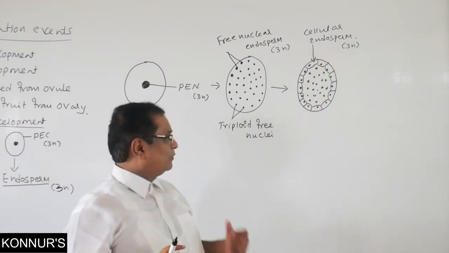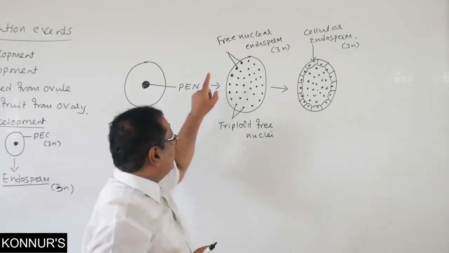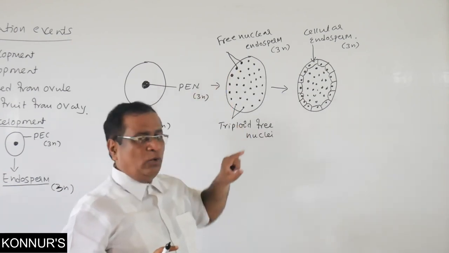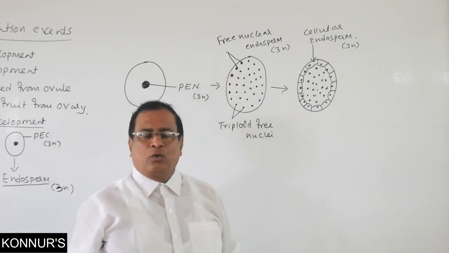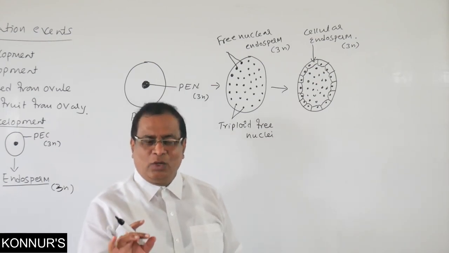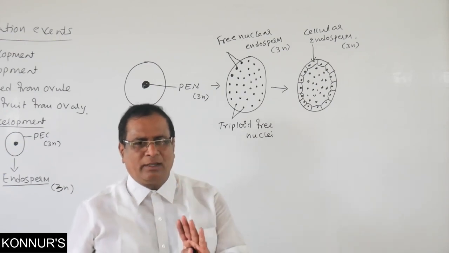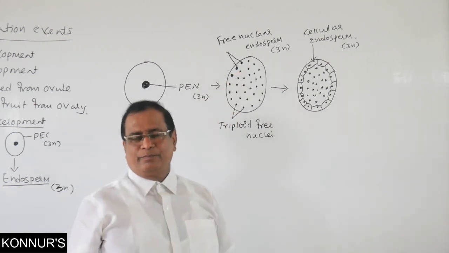And you might have noticed in coconut, both free nuclear endosperm and cellular endosperm. In coconut, we can see coconut water, but coconut water is nothing but free nuclear endosperm.